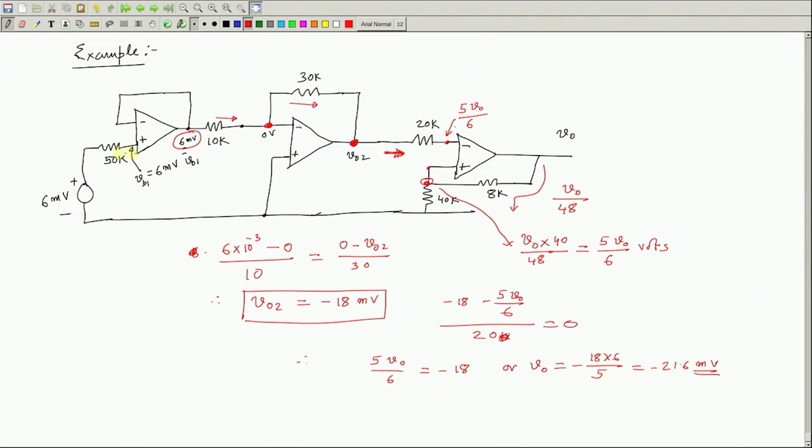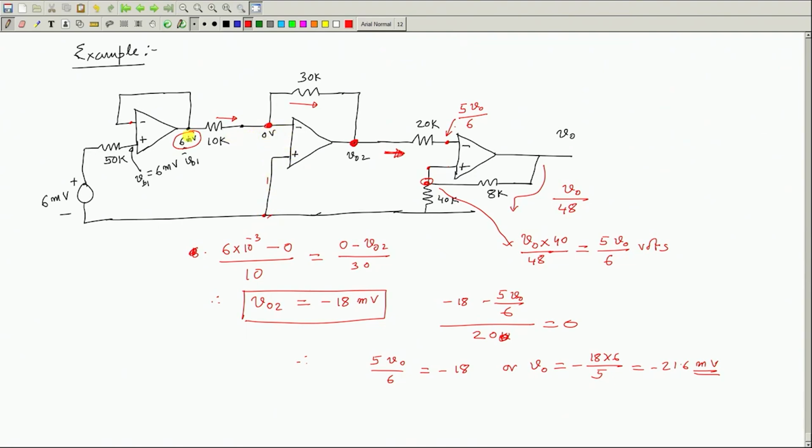So, we started with this and applied the same rule for all the op amps. Here it is no feedback. So, 6 millivolt, it should not draw any current. Therefore, there will be no drop in this 50 k. So, same voltage appears here, and if this is 6 millivolt, this point potential is also 6 millivolt, it comes here, then 6 millivolt, and look at this op amp, this is at ground potential, and so it has to be at 0 potential.